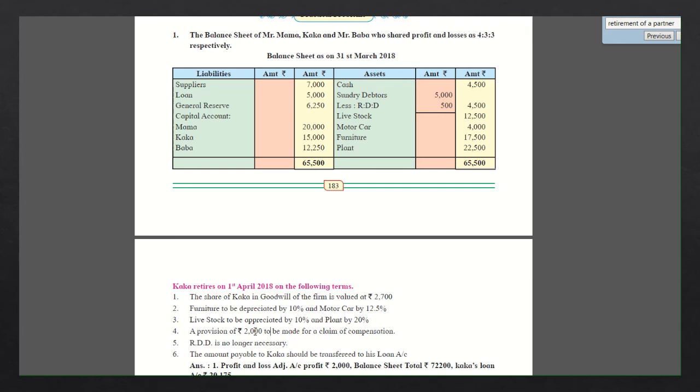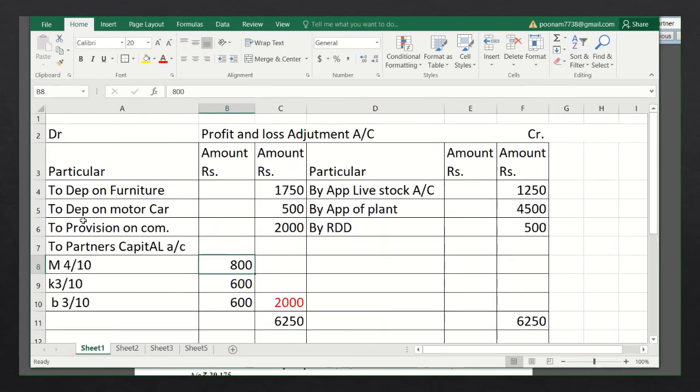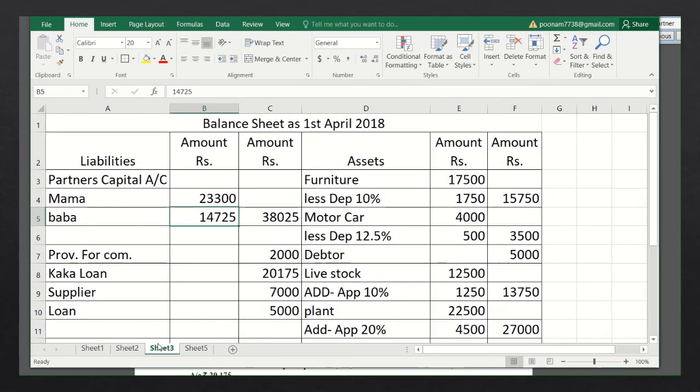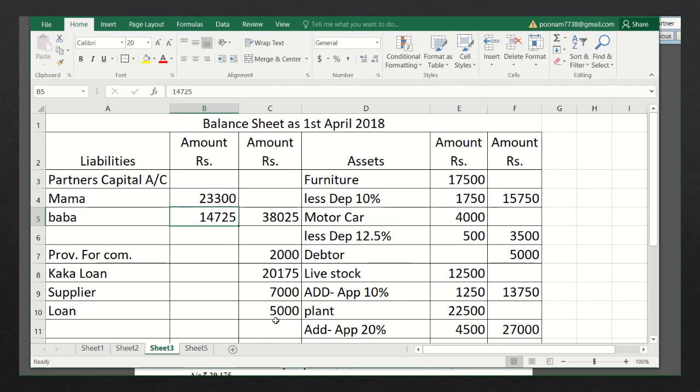The two effects will be that it is recorded on the debit side of the profit and loss adjustment account, provision on the compensation, and recorded on the liability side of the balance sheet, provision for compensation. Then capital, provision, Kaka's loan, and the remaining balances which had no adjustment, suppliers and loan, 7,000 and 5,000, will be recorded as they are.